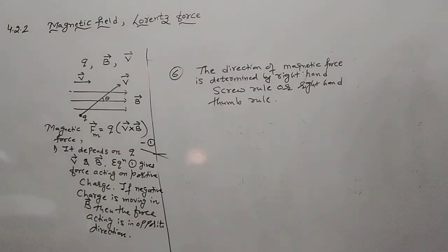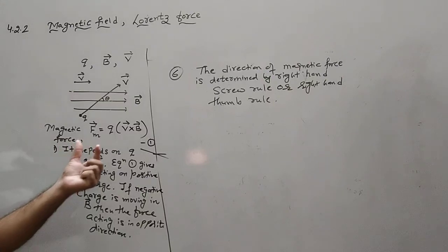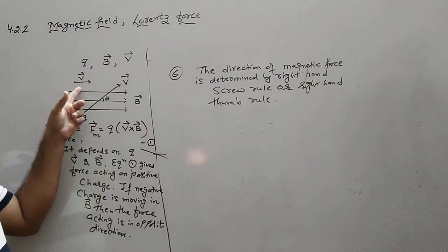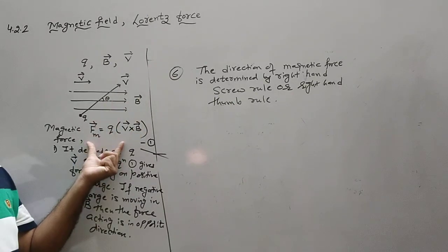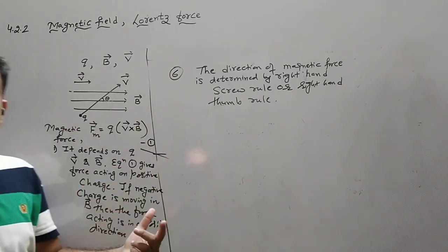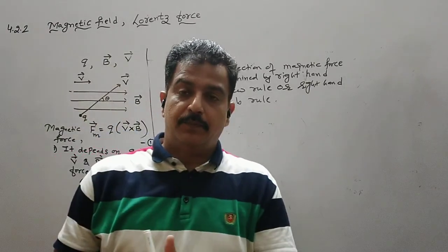So it is clear that the magnitude of force we have discussed. If it is entering making an angle 0 or 180, force is 0. If it enters perpendicular, the force is maximum.